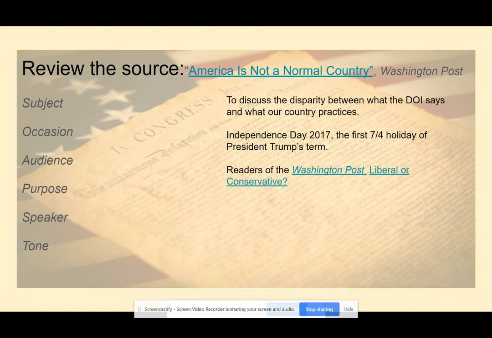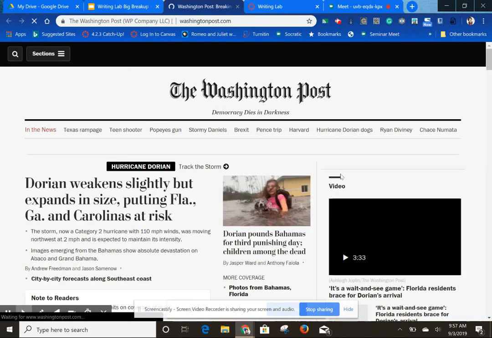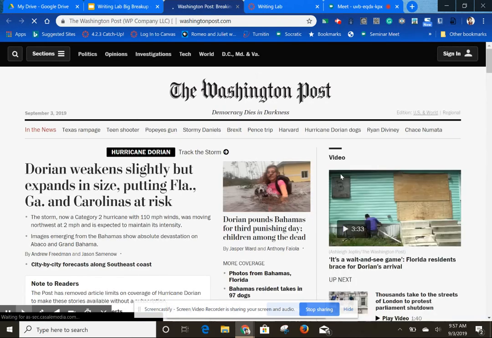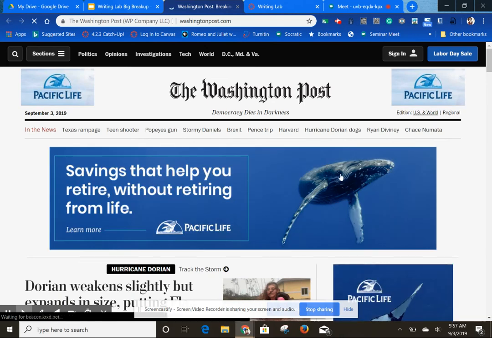The Washington Post, now, what I've done for you here in the presentation is I've linked the homepage. And if you take a look at the homepage of the Washington Post, I want you to read what they have underneath the name of their publication. What is their byline, their headline there?